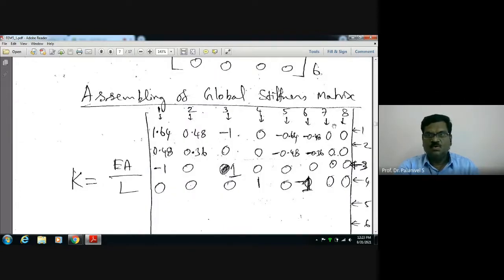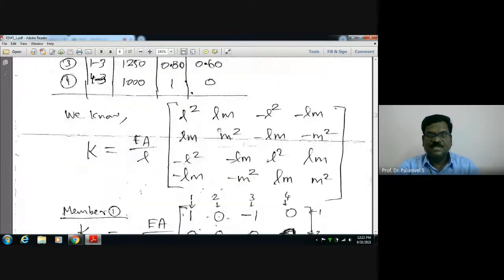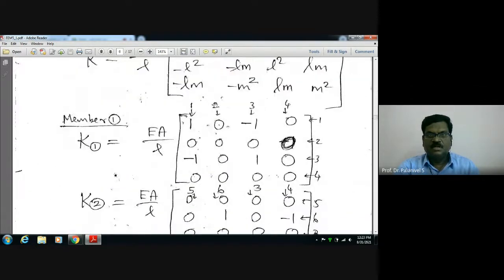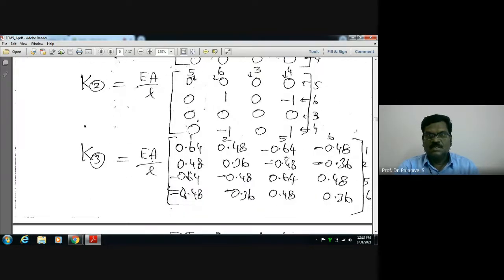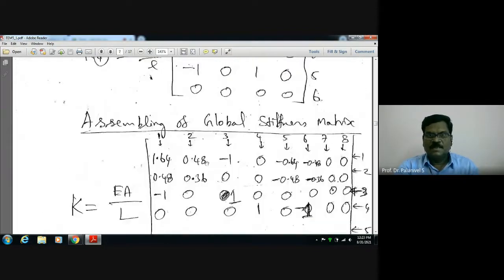Similarly, for 2, go to all the matrices. Here it is 0, in this 0, and here 2 is there with 0.48, so 0 plus 0.48. Here no 2, so 0.48. Likewise, you have to sum the similar coefficients.